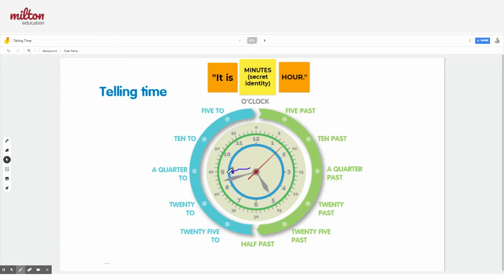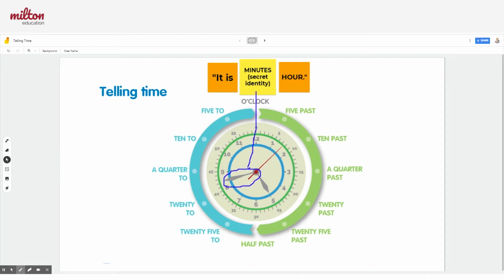Remember, this is the minutes hand. It's the big hand, and it has a secret identity. Let's start with this secret identity here. If the big minute hand points to the 1, we don't say 1.